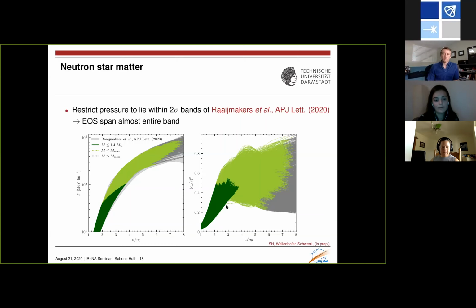And the color coding for both is that up to masses of 1.4 solar masses, we have this dark green band. And here you see that this is pretty narrow for the speed of sound. And then if we go to higher densities, so up to the maximum mass of the neutron star, you have this light green, and there the speed of sound already covers a quite broad range. And then at even higher densities, where the neutron star is not stable anymore, we can cover for the speed of sound a range from, let's say, 0.2 until almost the speed of light.